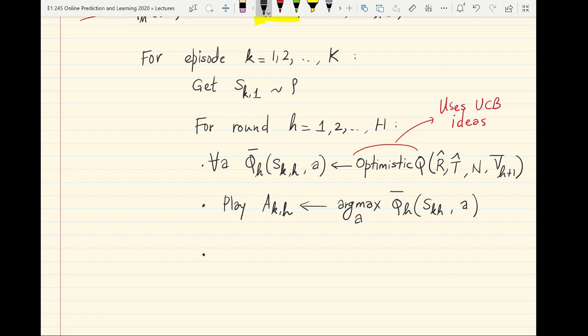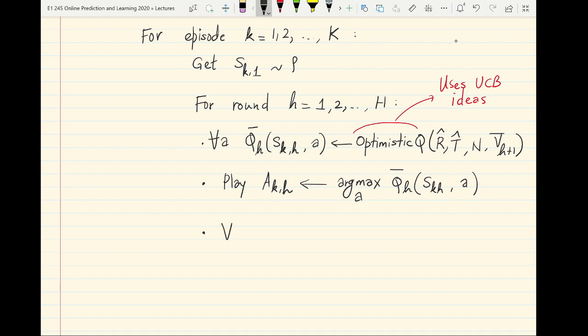Okay, after this, the optimal value function estimates are updated to be the min between the previous estimate and the new Q value estimate returned by the best possible action at SKH.